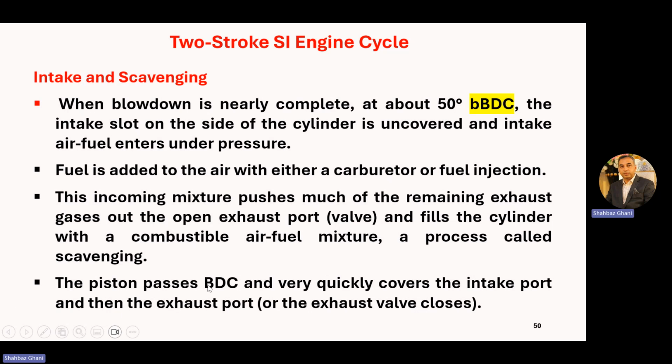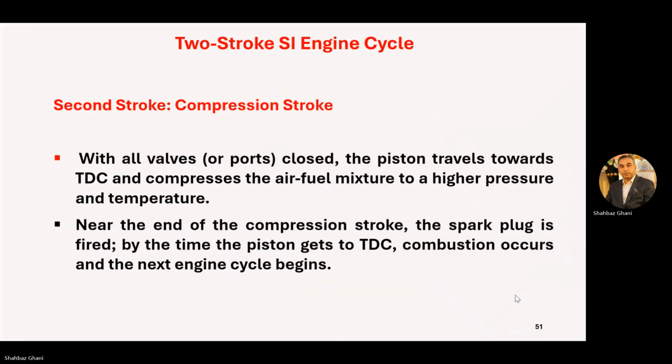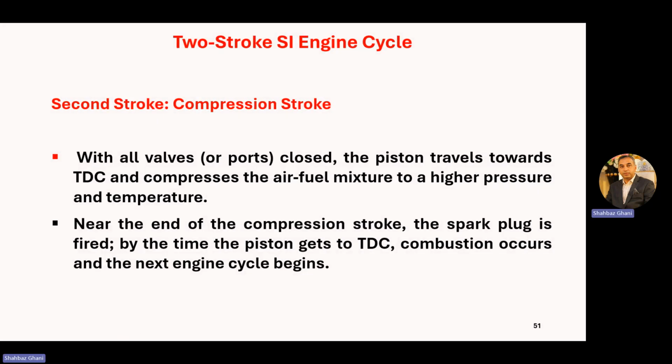The piston passes BDC and quickly covers the intake port, and then the exhaust port or the exhaust valve closes. In two-stroke SI engine cycle, the second stroke is the compression stroke. With all valves or ports closed, the piston travels towards TDC and compresses the air-fuel mixture to high pressure and temperature.